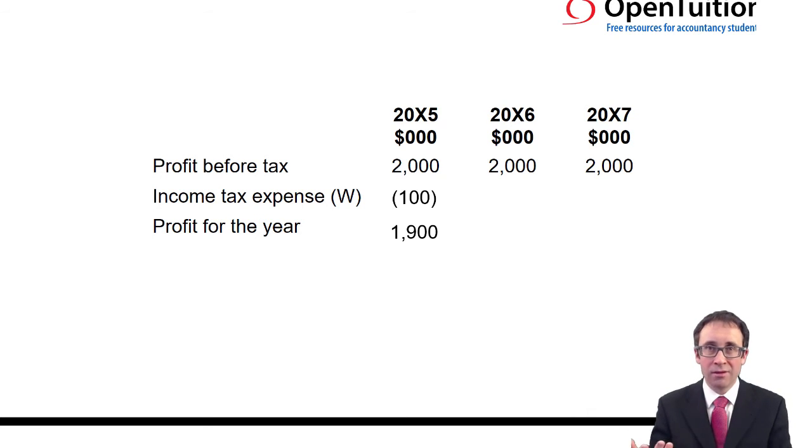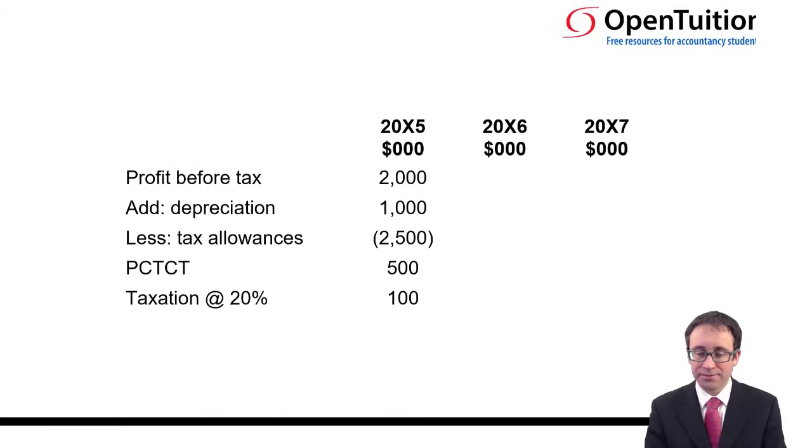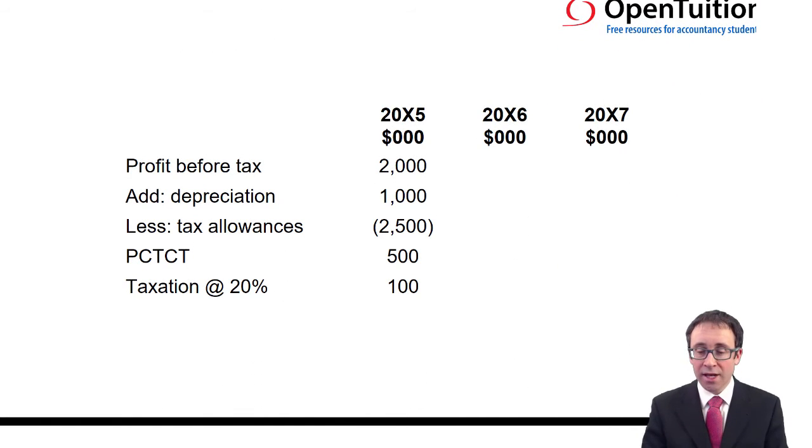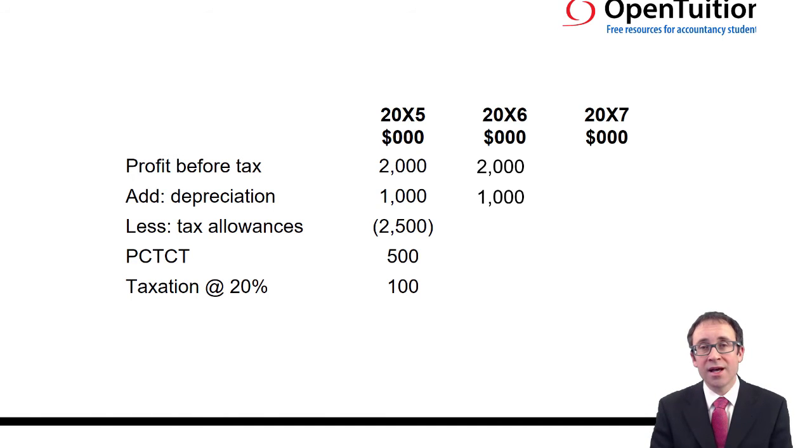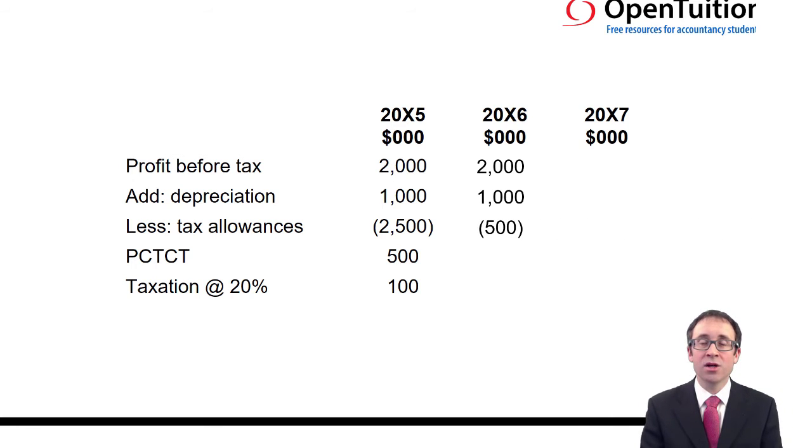Okay, so let's look at X6 and X7. Same process. So in X6, the profit before tax is there as 2,000. The depreciation is 1,000, so everything is still the same. This is where things now take a turn for the worse and are different, because our tax allowance in that second year is only 500.